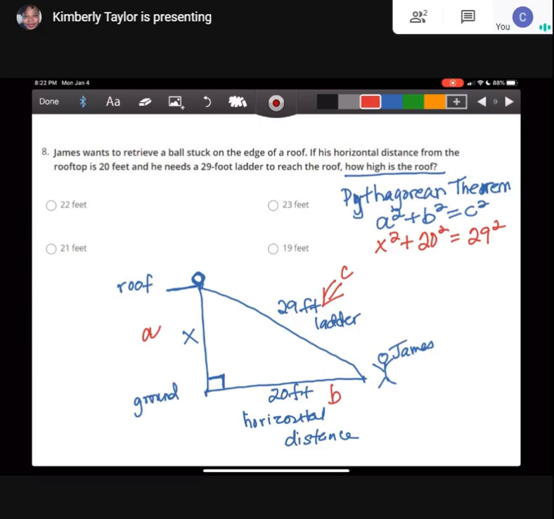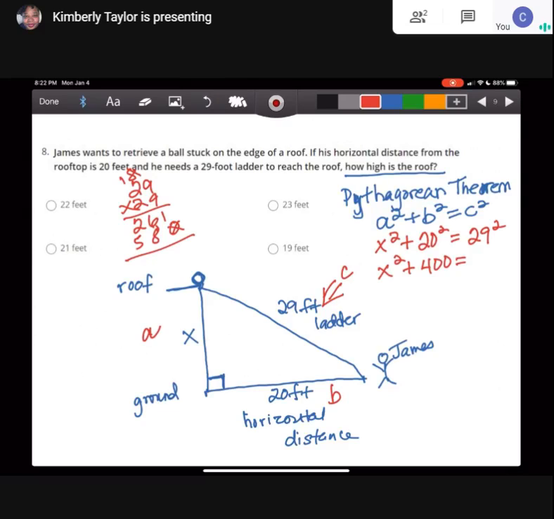To solve this, you say x squared, and I know 20 times 20 is going to be 400. I just don't know what 29 times 29 is. So let me calculate that. I don't have a calculator out, so y'all just bear with me.